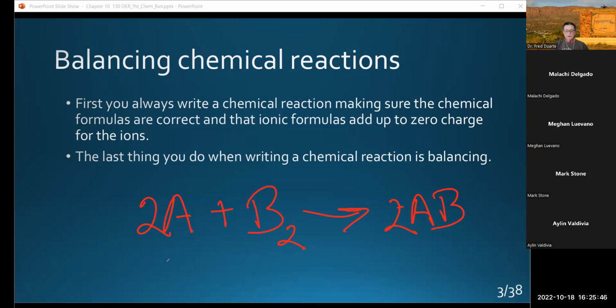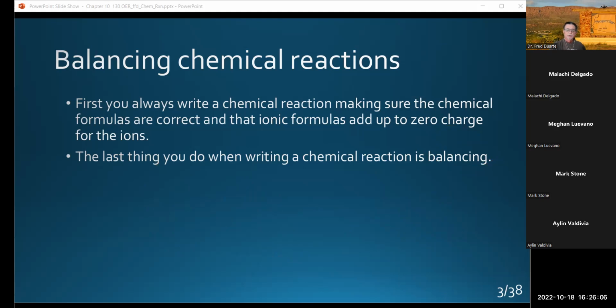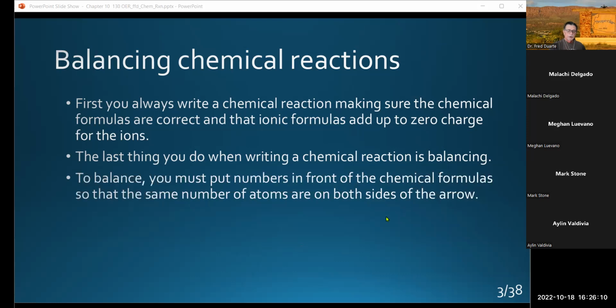We've got 2 A's on the left, 2 A's on the right. We got 2 B's on the left and 2 B's on the right. So we have a balanced chemical reaction. These coefficients are ratios that we're going to utilize, and I'll show you some examples here in a bit to do some hypothetical calculations. All right.